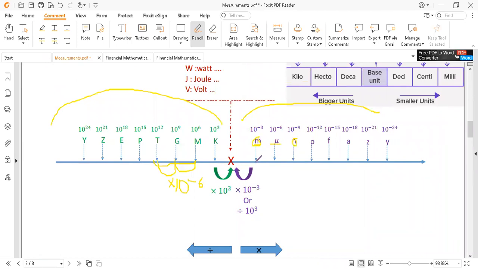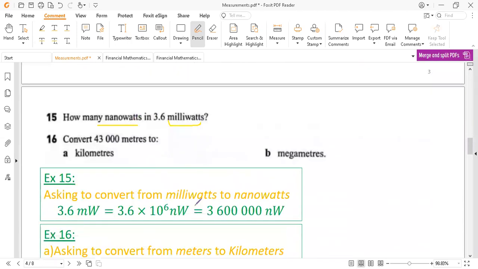So we have to move to the right as indicated by the green arrow, two steps. So we multiply by 10 power 6, easy, to obtain nanowatts.